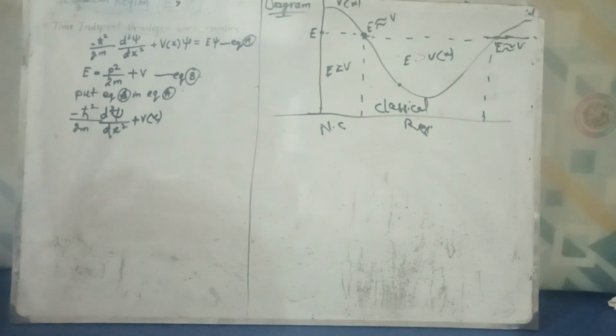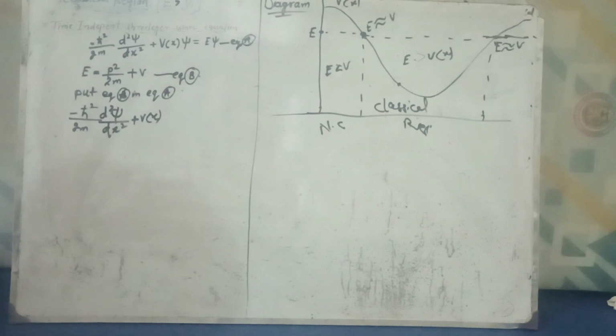And then we described the classical and non-classical regions, and we considered a particle which is moving along the x direction, and for that particle we wrote the time independent Schrodinger wave equation.